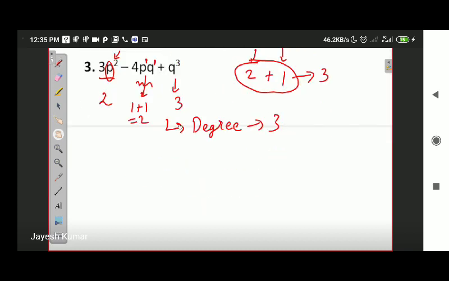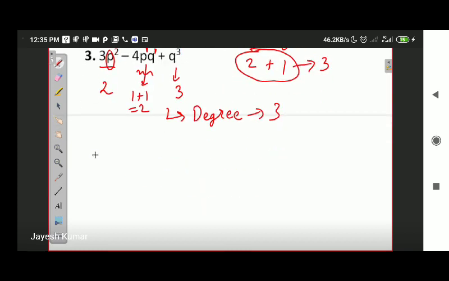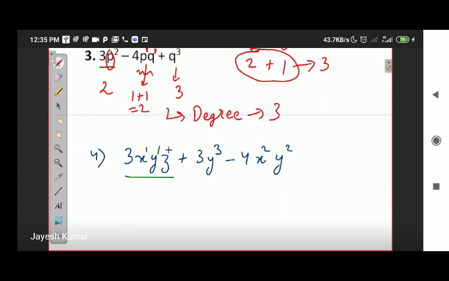Let's take one another example of multiplication. 3xyz + 3y^3 - 4x^2 y^2. Suppose this is the algebraic expression and you have to determine its degree. So how do we do it? For the first term, it is x to the power 1, y to the power 1 and z to the power 1.